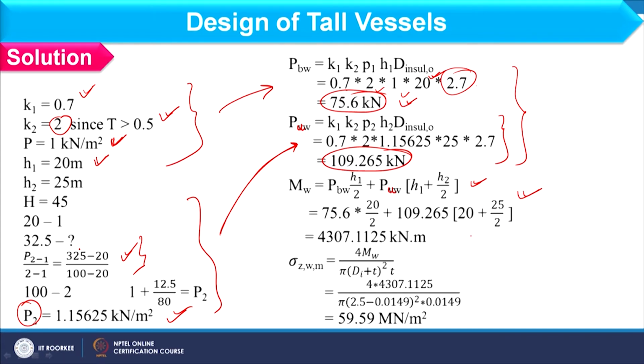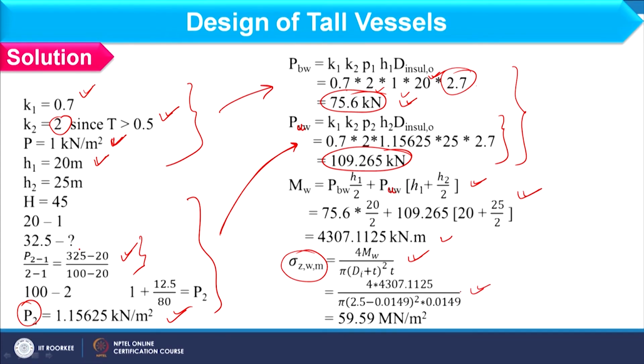I can put values over here, and M_W we can obtain as 4307.1125, right. And so, we can calculate the stress generated due to the bending moment, and this is the expression for that. We can put the values over here.